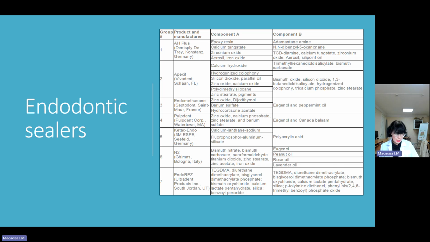The main widespread example of these sealers, Ketac-Endo, was formulated in 1980. The manufacturer's data of the time stated a particle size from less than 1 micrometer to a maximum of 25 micrometers and a working time of 40 minutes.